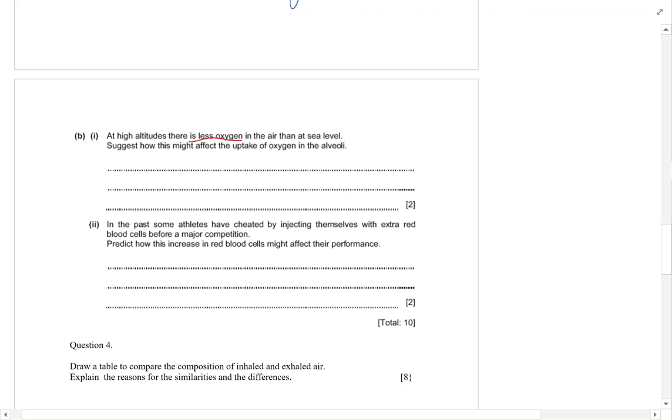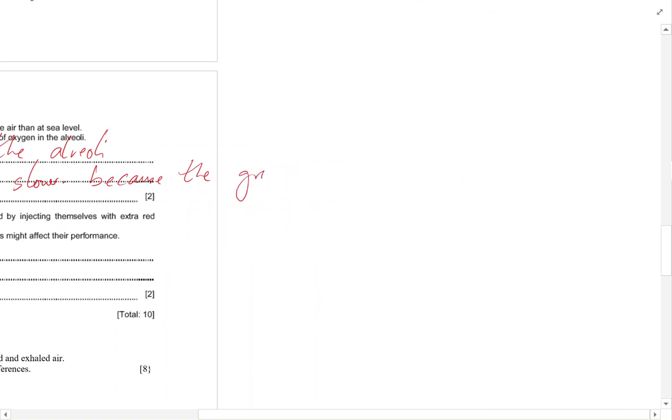Well, there is less oxygen, so there is less O2 in the alveoli, so diffusion is slower because of that concentration gradient we keep going on about, because the gradient is less steep.